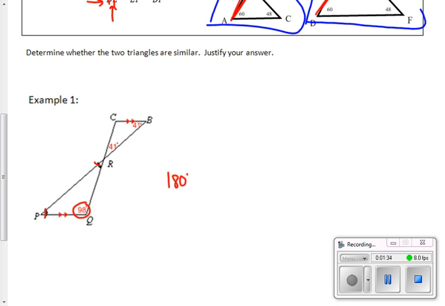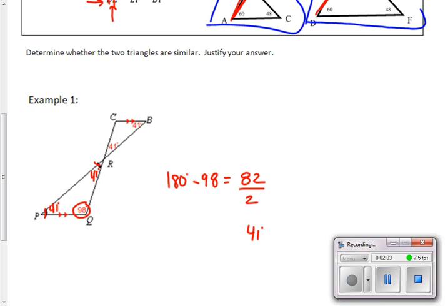So if we take 180 subtracted by 98, that gives us the remaining degrees in that triangle, which would be 82. Two angles, we divide it by 2, we get 41 degrees here. So both of these angles would be considered 41 degrees. So these would be, in this case, similar triangles.